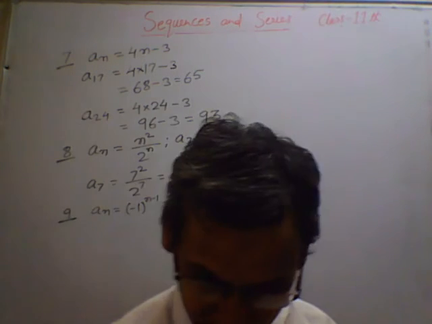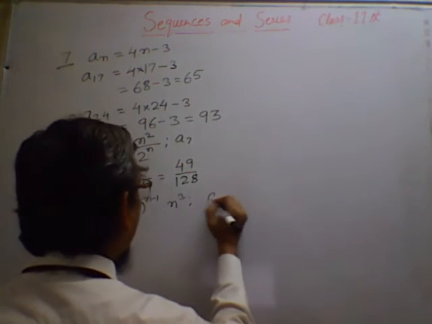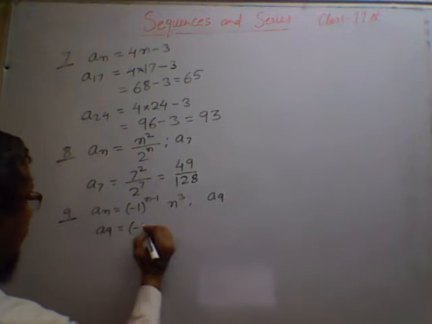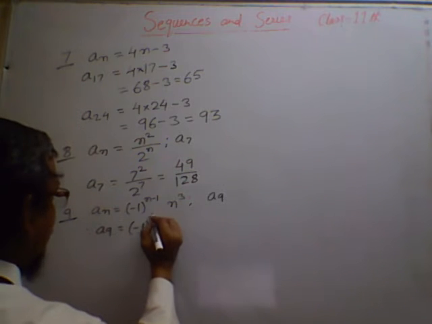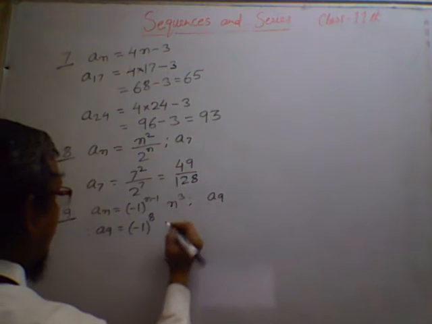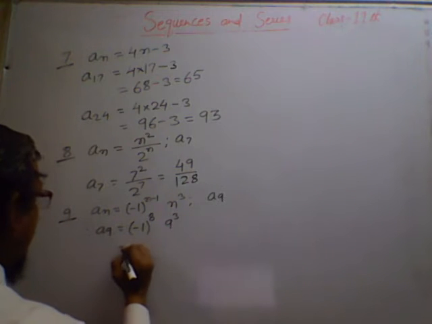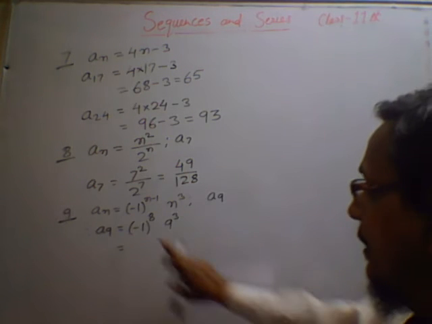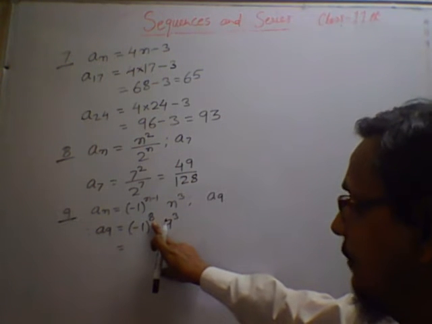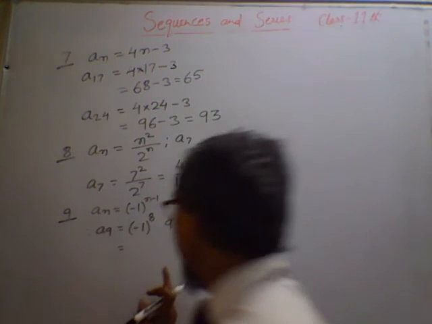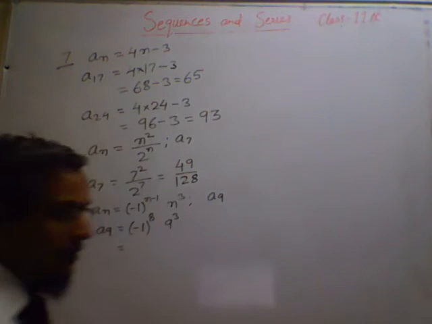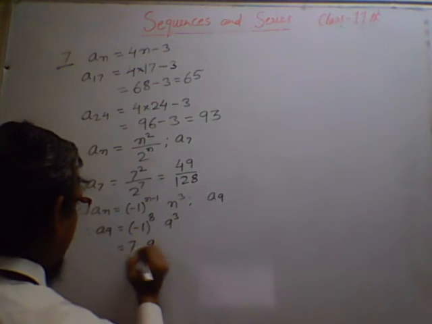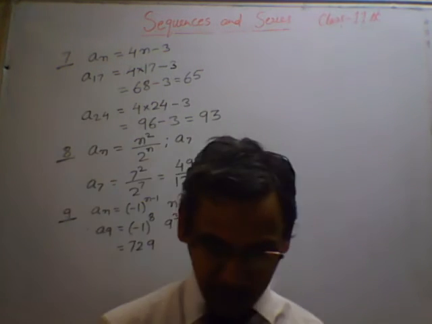There is some misprinting here, very dim. And we have to find out A9. Therefore, A9 equals minus 1 raised to the power 9 minus 1, that means 8, times 9 cube. As I told you earlier, if minus 1 is raised to any even power, we will get a positive number. 9 nines are 81, 81 nines are 729. So the answer is 729.